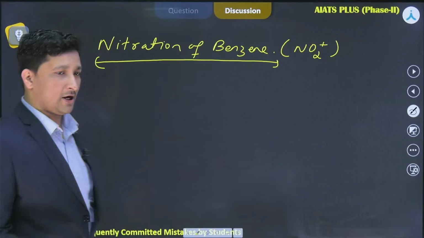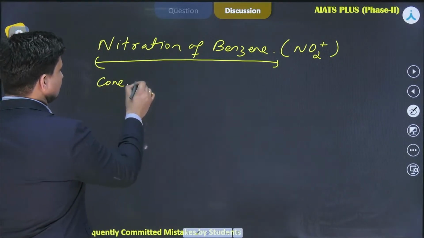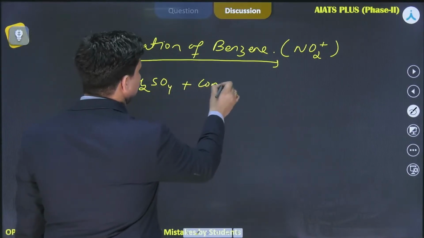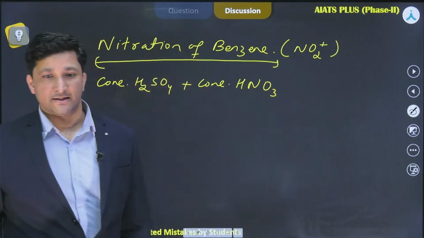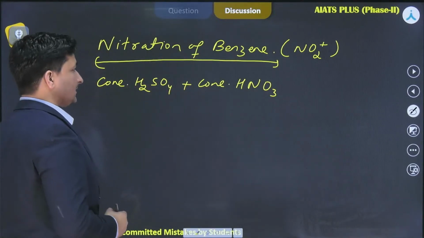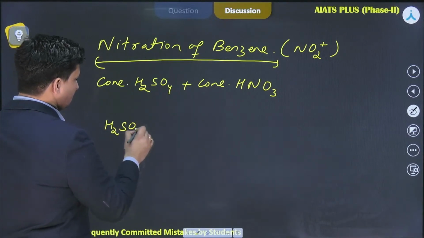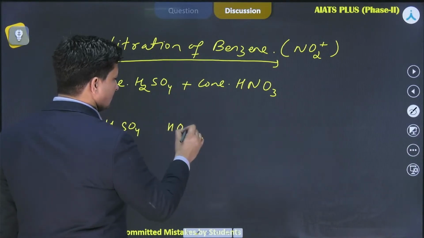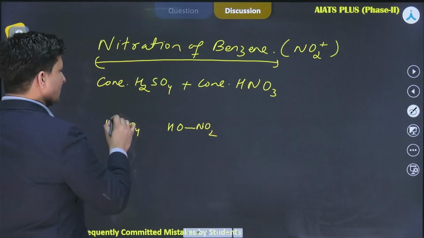Exactly, very good. How does it happen? We are using concentrated H2SO4 plus concentrated HNO3. This mixture is being used, and what happens here is that H2SO4 releases H plus.